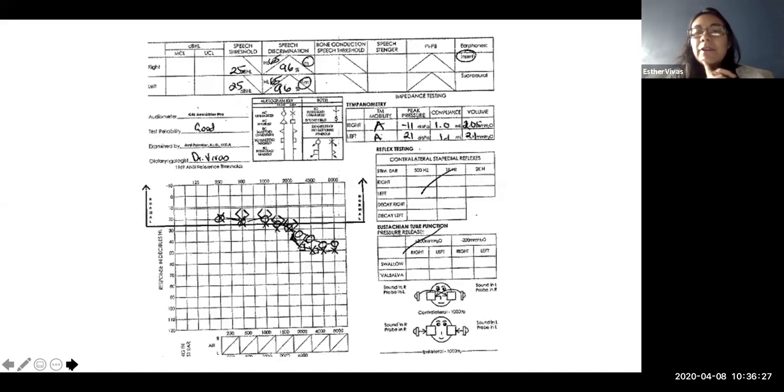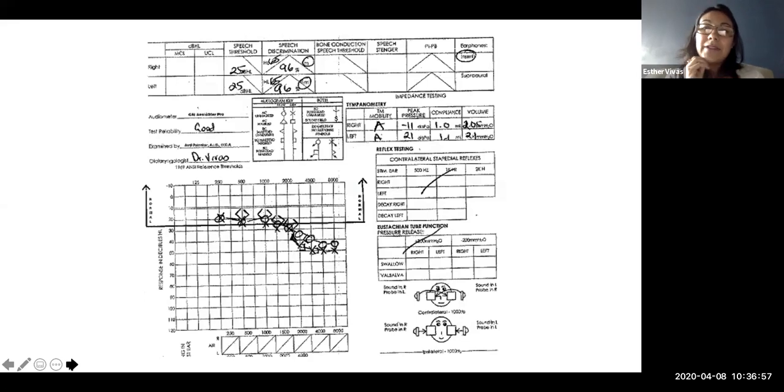If there are any PGY1 or 2s out there, we'll start off with you. How would you describe this hearing test? Just start typing away. I want you to go through the different components of it. Is this a normal or abnormal exam? Anyone?